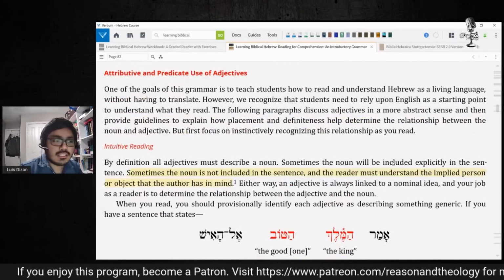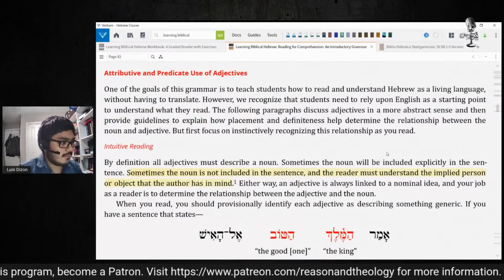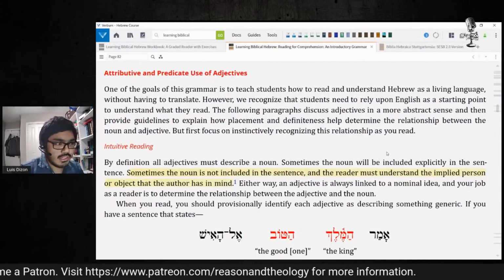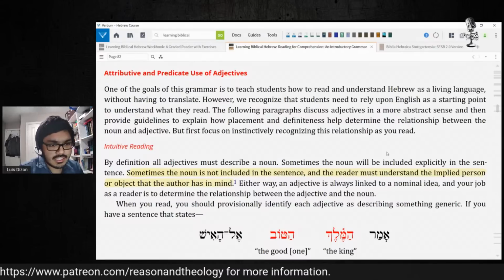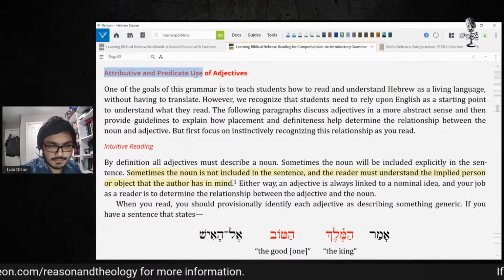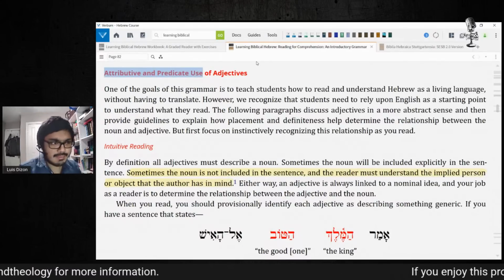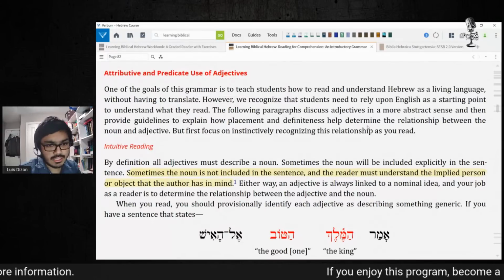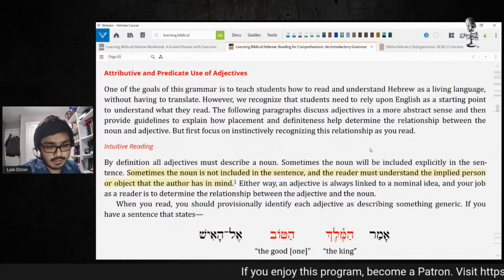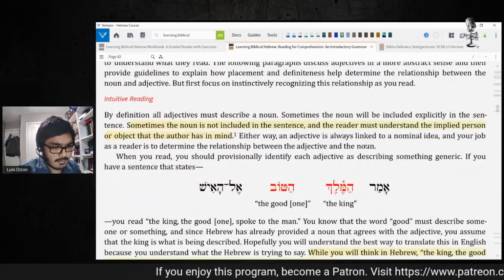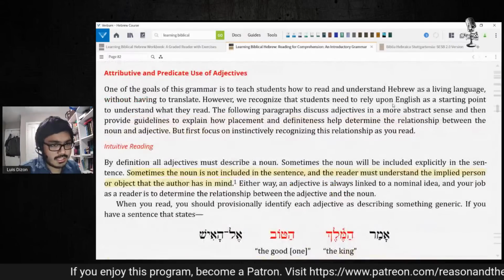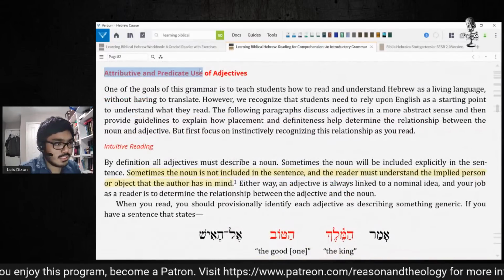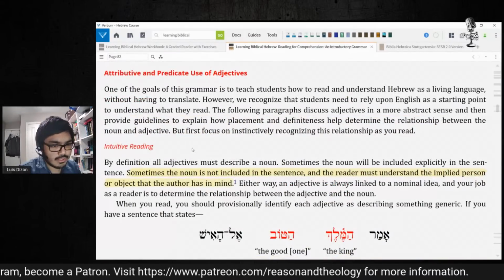So adjectives can roughly be divided into attributive adjectives and predicate adjectives. These are the two main uses. If you want to be nitpicky about it, there are actually three uses, substantive being the third one. But this grammar is focusing on the first two uses, so we'll talk about that.